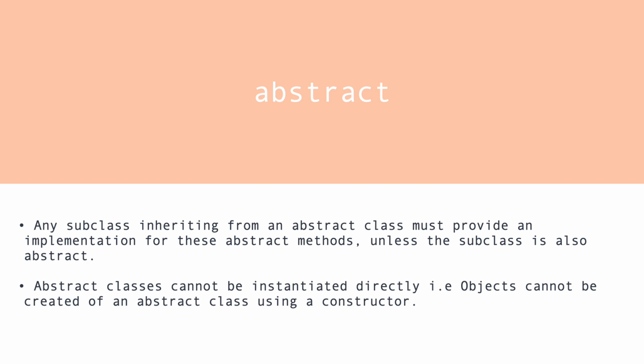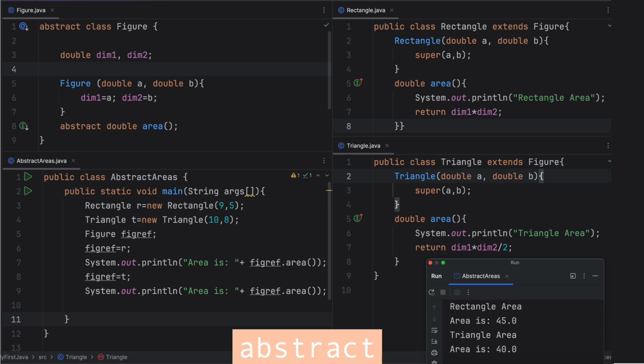But we can't create an instance of abstract classes. Let us see this with an example. Here we have class figure, which contains two variables, dimension1 and dimension2, and a constructor with two variables a and b, and a method area which does not have any implementation.